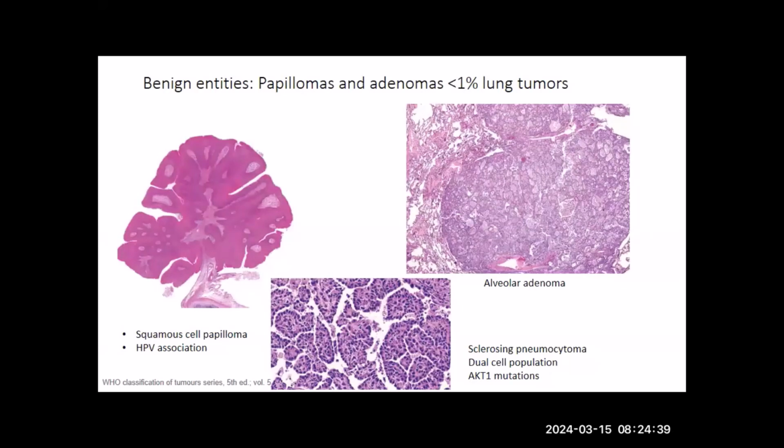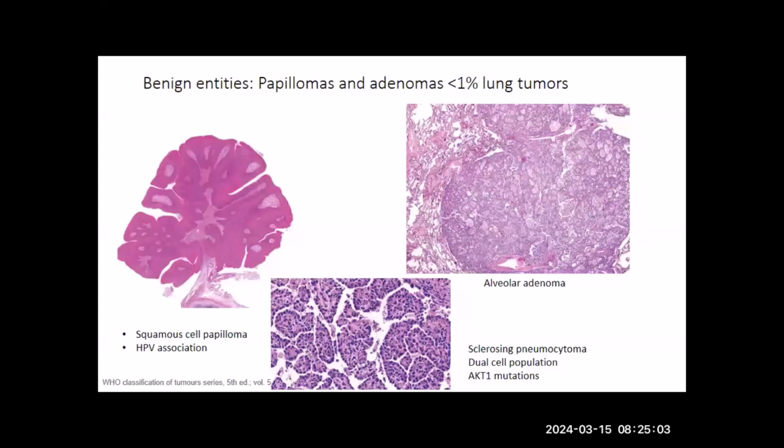So in small biopsies, we can rule out an invasive tumor. For example, sclerosing pneumocytoma can be easily confused with a low-grade papillary adenocarcinoma because there are small tufts lined by bland-looking cuboidal cells.